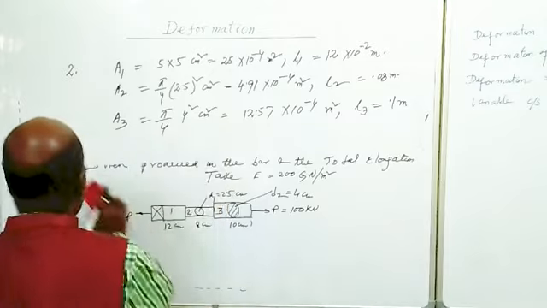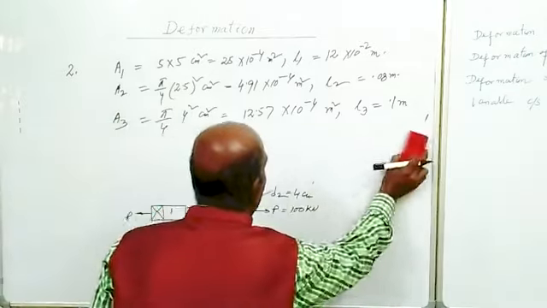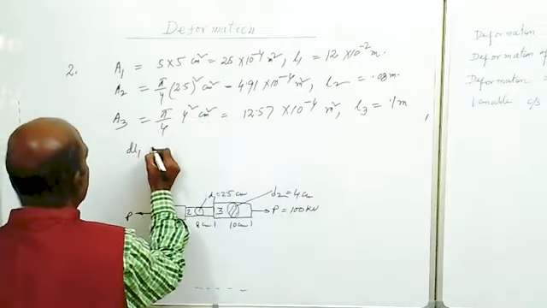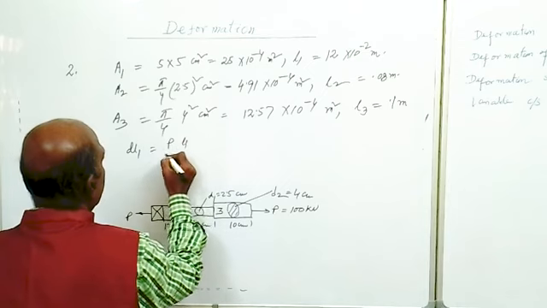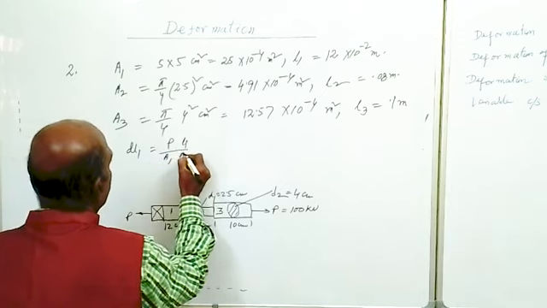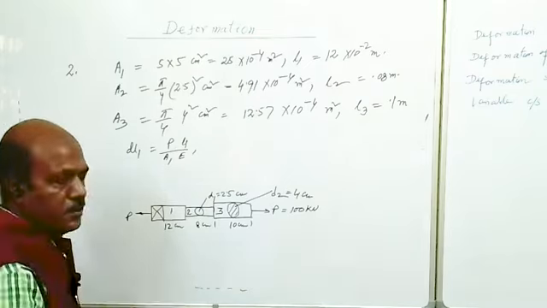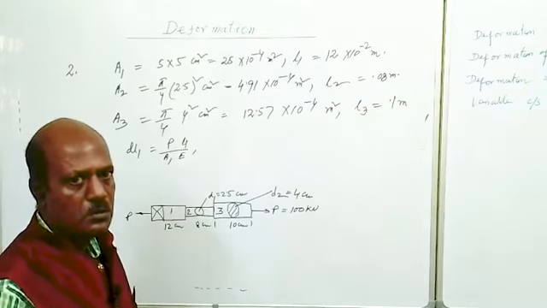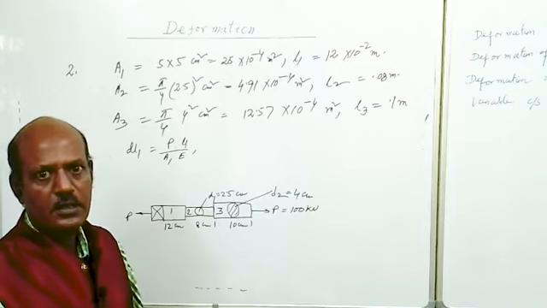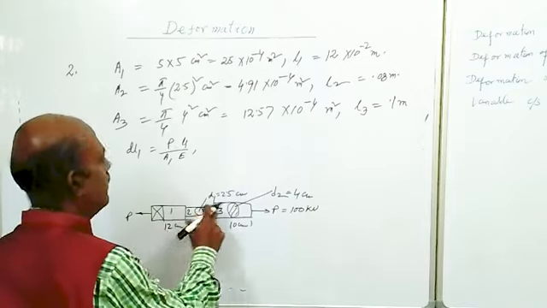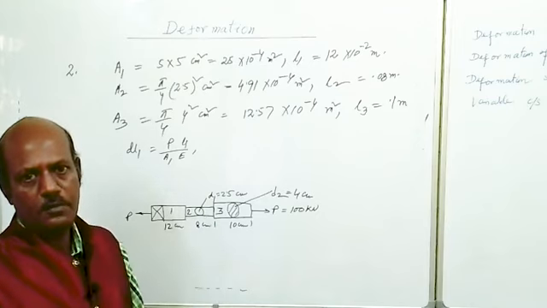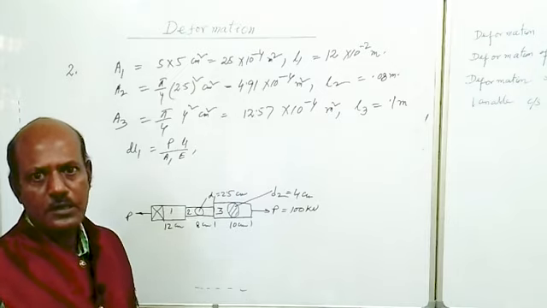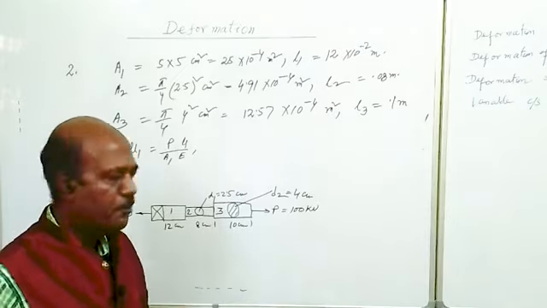Now to get the total deformation produced in the bar, we will find dl1 is equal to P into L1 by A1 into E, if the material of the bar is same throughout. Otherwise, the information will be given in the problem if the material is not same. But for this type of problem, the material of the bar is same throughout. So, Young modulus for the bar will remain same.